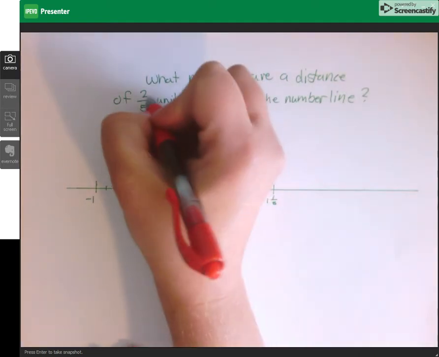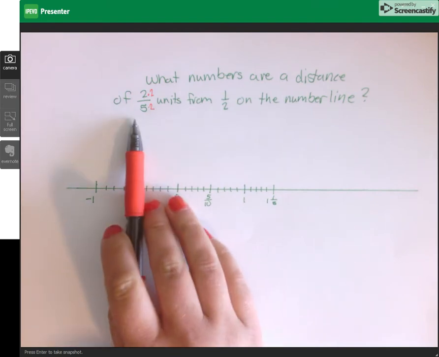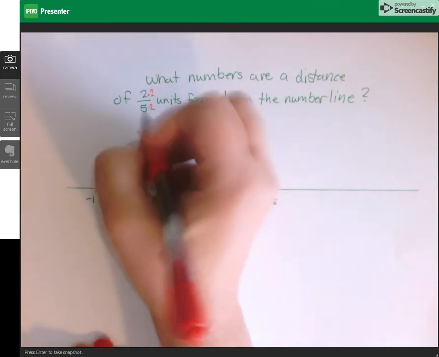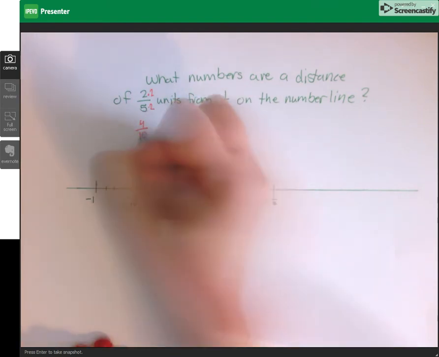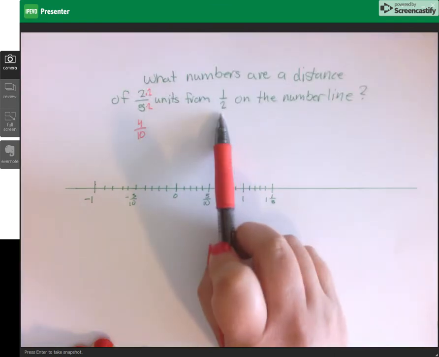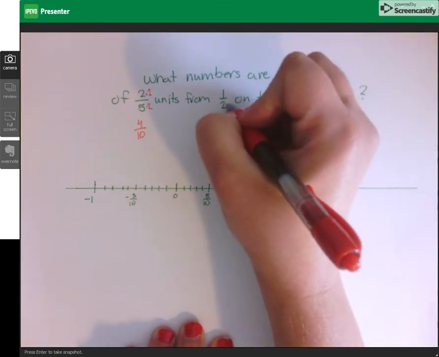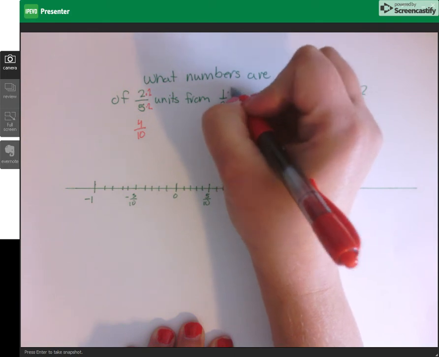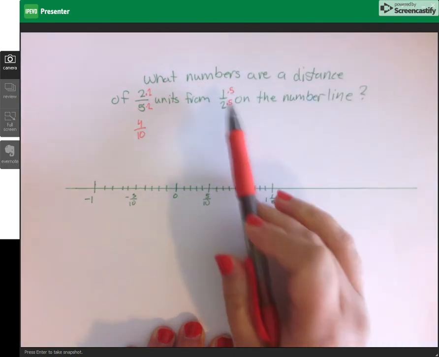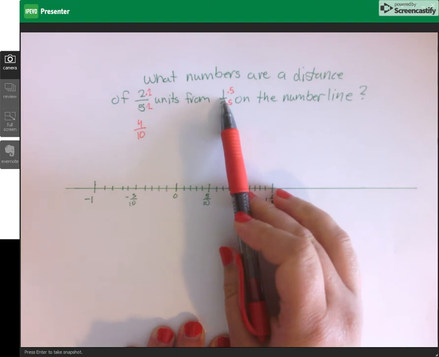So if we multiply our numerator and our denominator in 2/5 by 2, we're going to get 4/10. And if we want to make our denominator of 1/2 10, we're going to have to multiply it by 5. Remember, if we do it to the denominator, we have to do it to the numerator to keep it equivalent.